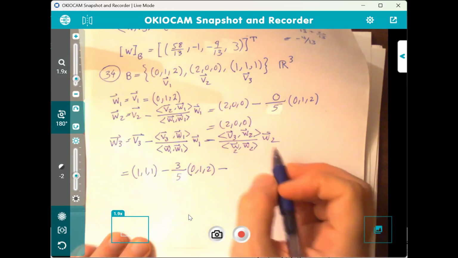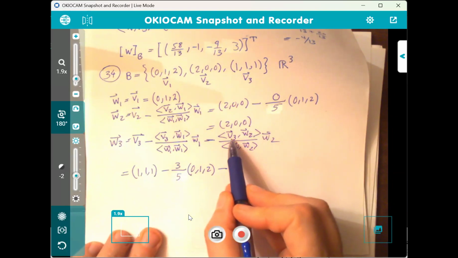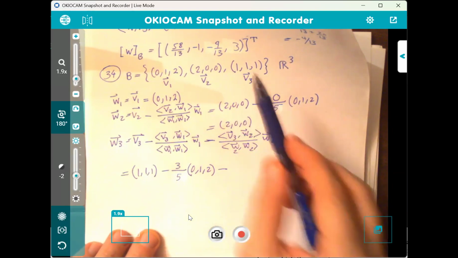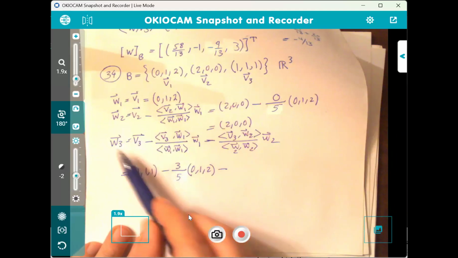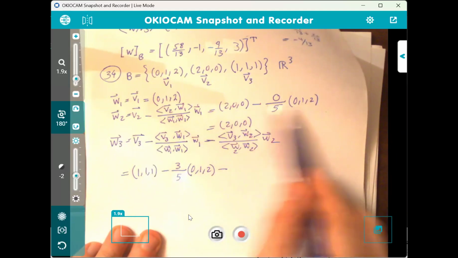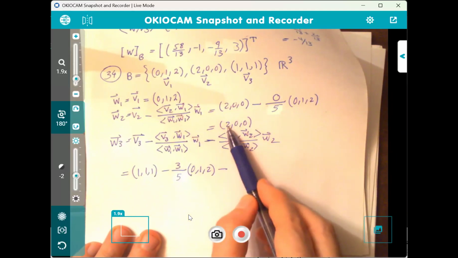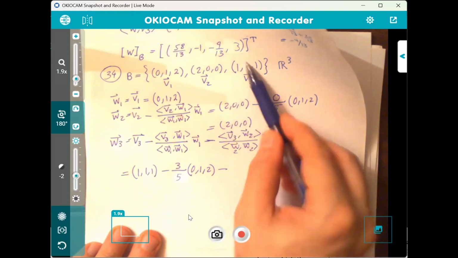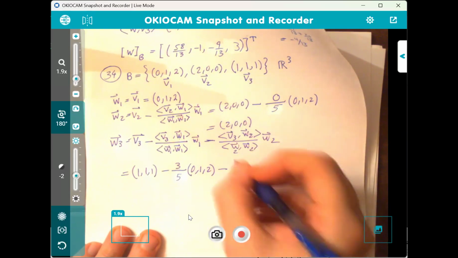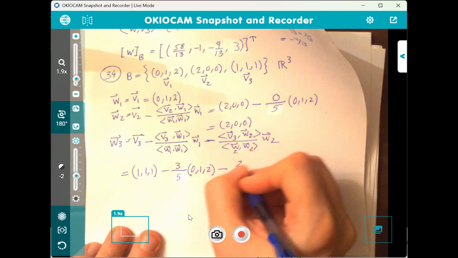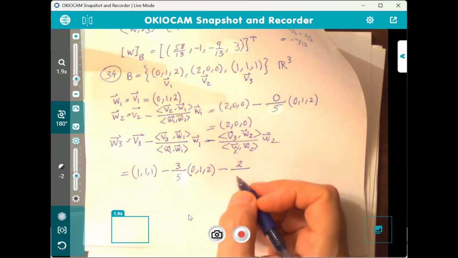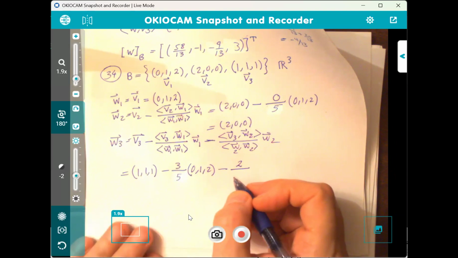Now let's do the next one. The next one is the dot product of V3 with W2, with this vector. So it's 1 by 2, and then the others are 0. Okay, so the numerator is just going to be 2, correct? Let's see, what is the denominator going to be?